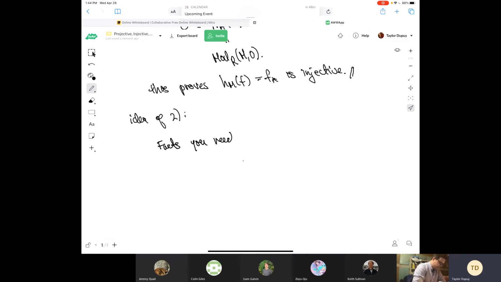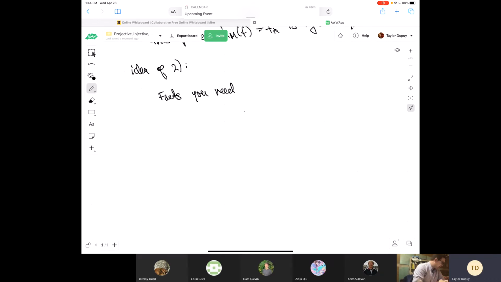It's the exact same idea, but you need to use the opposite categories. The opposite category has the exact same objects, but all the arrows are reversed. A morphism from A to B in the usual category will now be considered a morphism from B opposite to A opposite. You just take the category and reverse all the arrows.